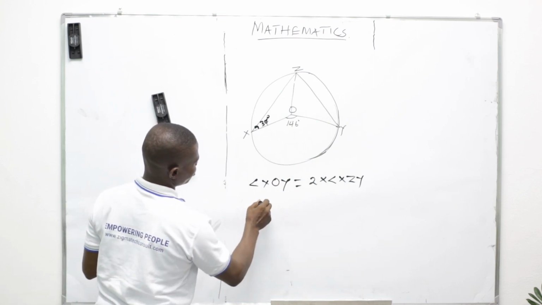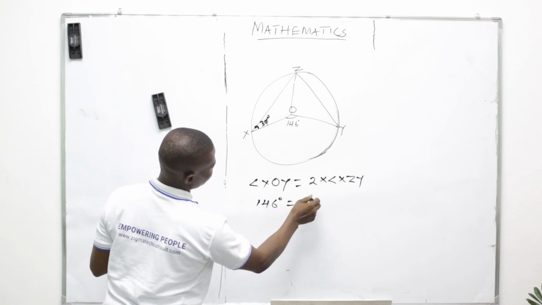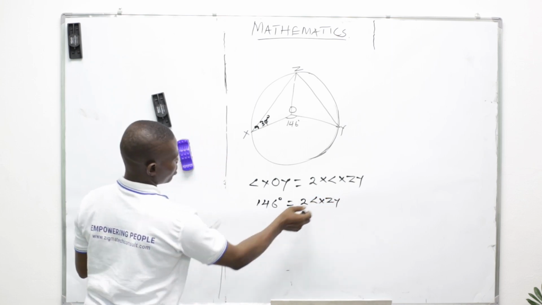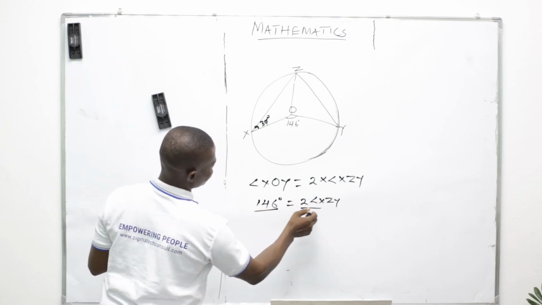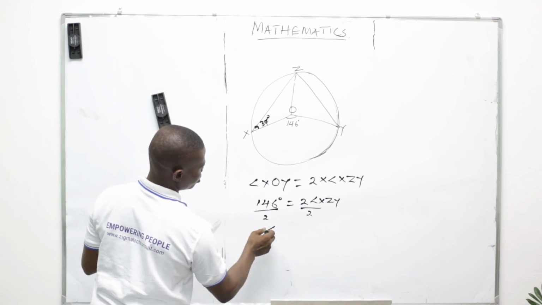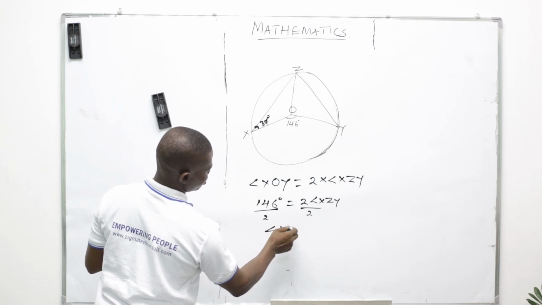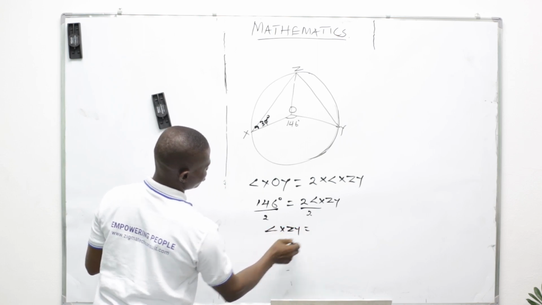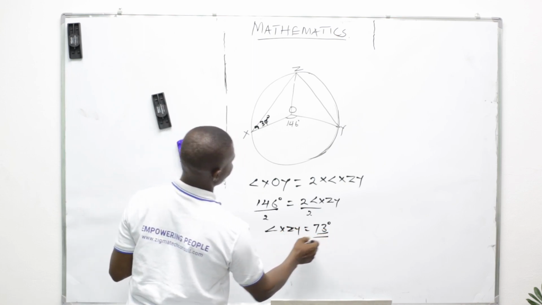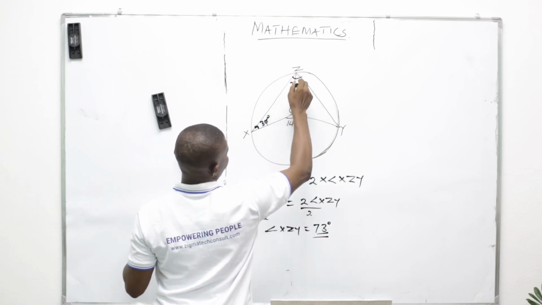That is, 146 degrees equals 2 angle XZY. Now to get this, divide both sides by 2. Now know that angle XZY equals 73 degrees. So here now is 73 degrees.